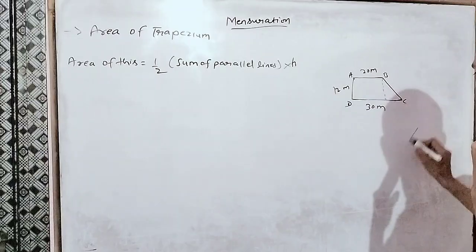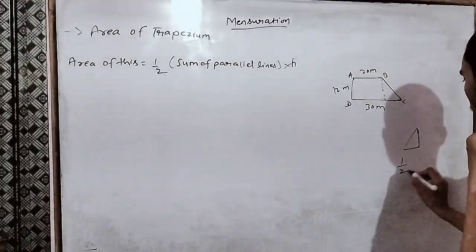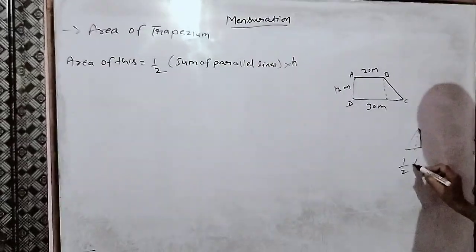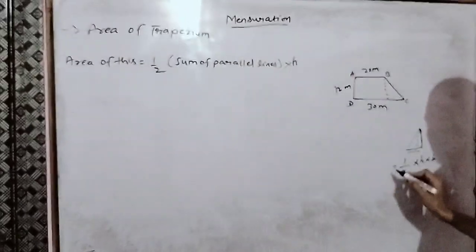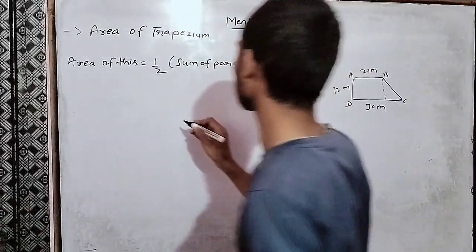And you already know, to find the area of a triangle, you take half, because this is half of a square. Then we have h, then we have base. But this is not a triangle. That's why here we added the sum of parallel lines.